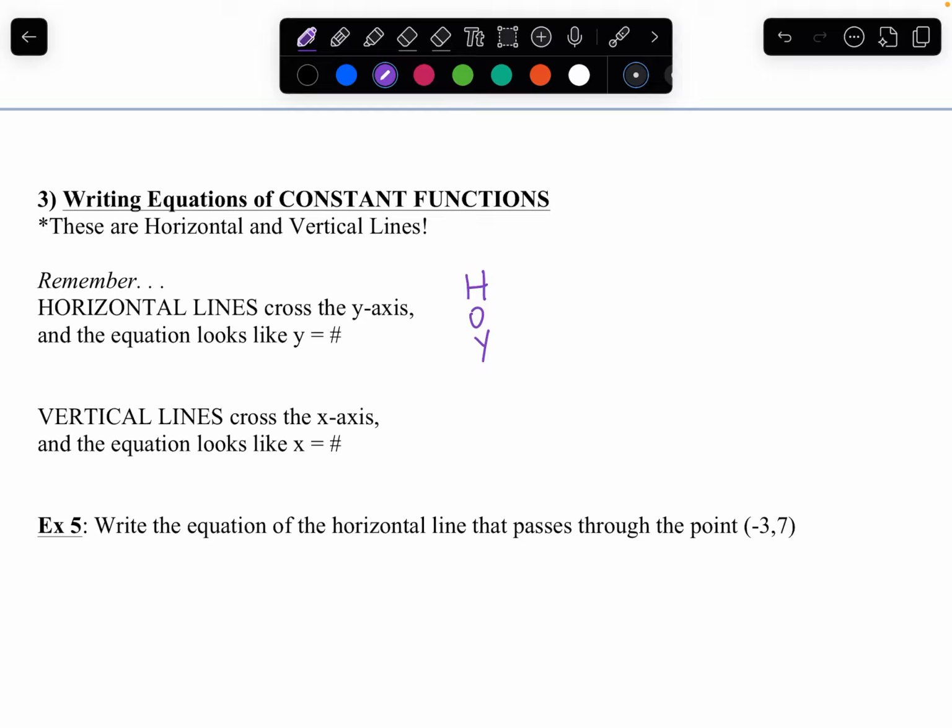So HOY stands for horizontal. The O is really a 0 slope, and y equals. That's because when we graph it, it's a horizontal line. There's no going up. Now our vertical lines cross our x-axis, and so it's a VUX.